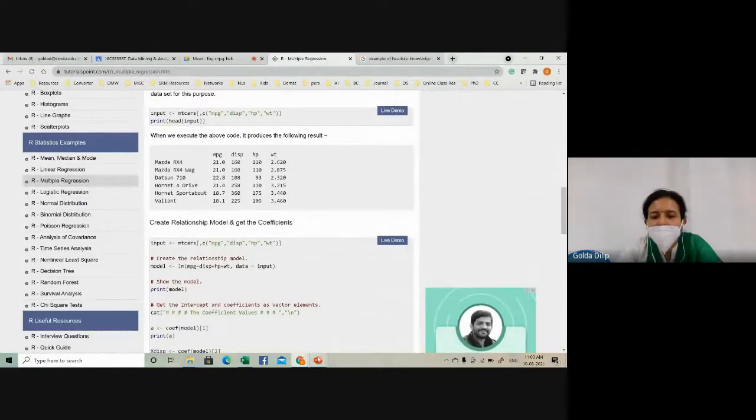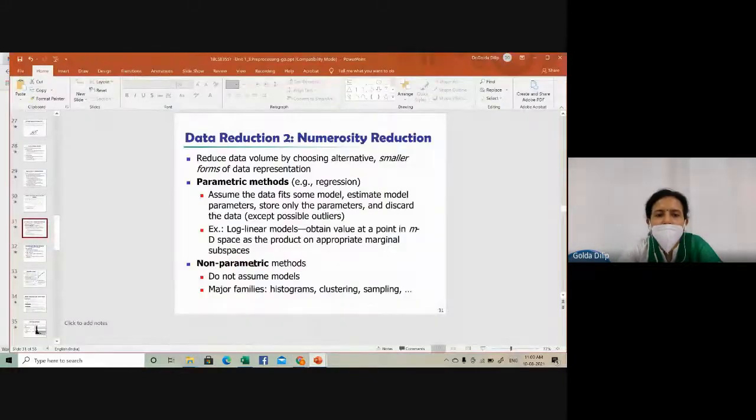Okay, then the third one is what is called the log linear model. So what about this log linear model? These types of models are used when you have variables with an exponential growth sort of relationship. For example, let me say you put some amount of money into your savings bank account.